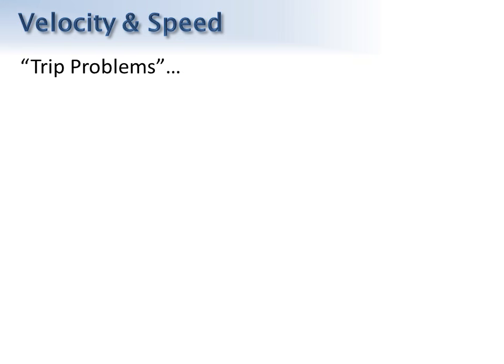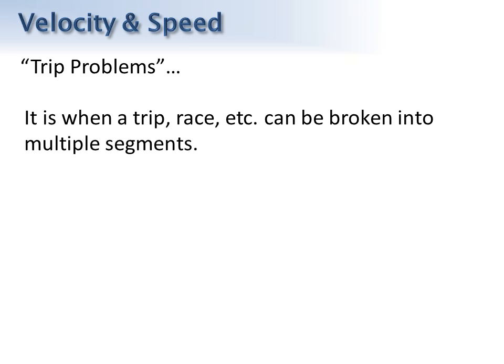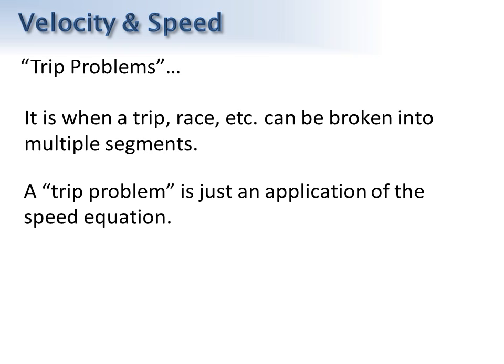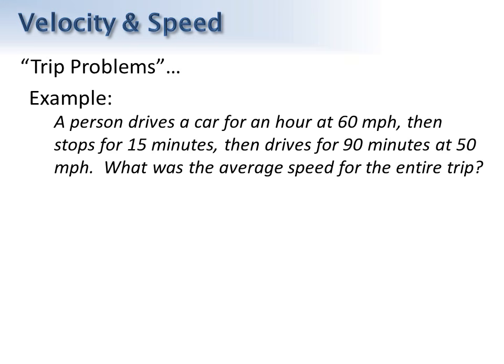The last thing I want to mention in this video is something I call a trip problem, which is basically a trip or a race that can be broken up into multiple segments. It's basically an application of the speed equation. So as an example, you might have a problem like this. A person drives a car for an hour for 60 miles, at 60 miles per hour, then stops for 15 minutes and then drives for 90 minutes at 50 miles per hour.